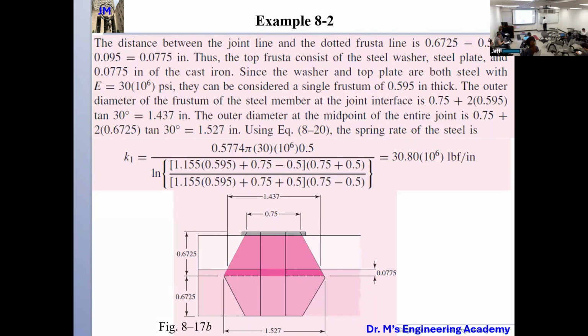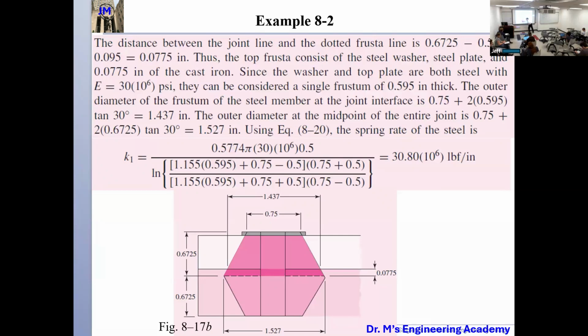Now from here to here, I will use D, and D equals 0.75 plus 2x, right? I have x here, and I have x here. This gives us 1.437. So this is my D.